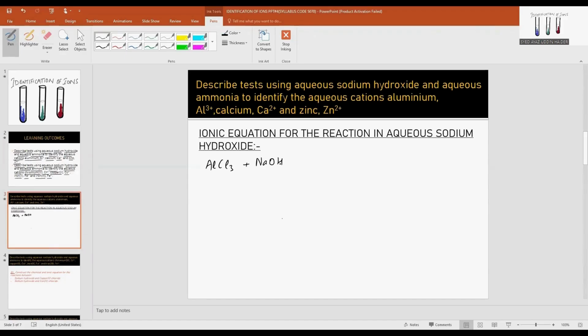Don't forget the state symbols here, as they will help you in construction of the final ionic equation. The equation will be like this. This is an example of a double displacement reaction. So you will get Al(OH)3 plus NaCl.